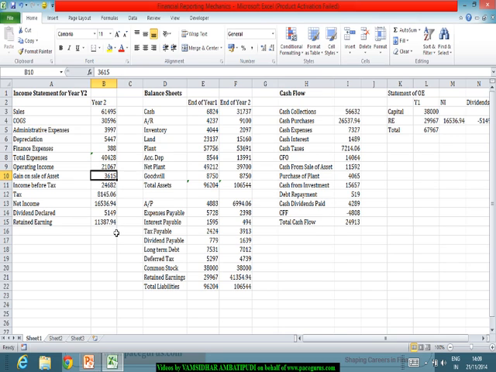Then I have something to do with the investment activities. There is a gain on the sale of the asset. The gains are treated as a part of the revenues. So the gain on the sale of the asset results in a total income before tax, which is the summation of these two. Then a tax is applied on it, resulting in a net income of this much.